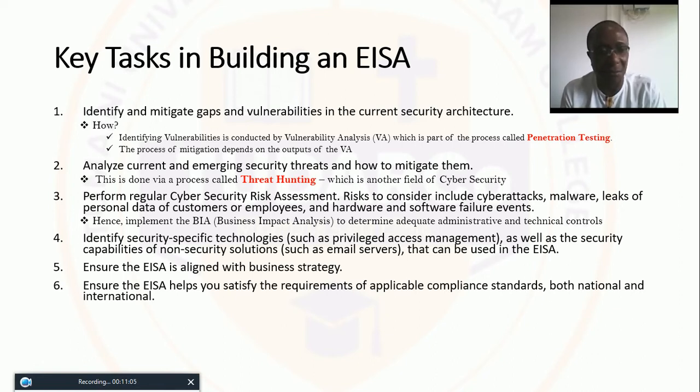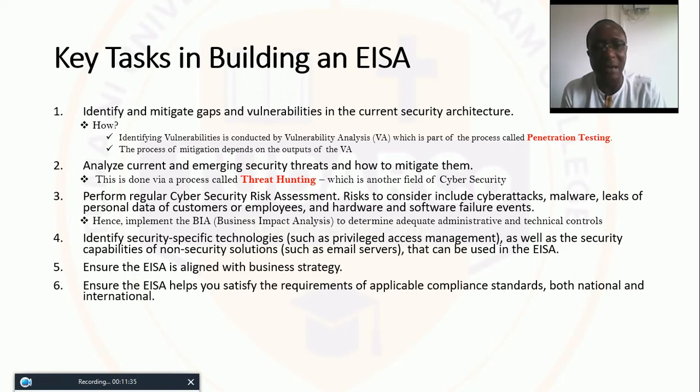Task number 4. You should identify security specific technologies such as privileged access management, as well as the security capabilities of non-security solutions such as email servers that can be used in EISA. Number 5, ensure the enterprise security architecture is aligned with business strategy.